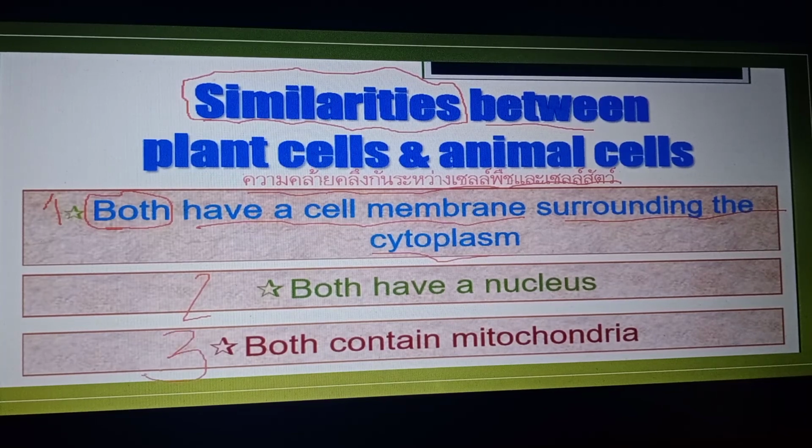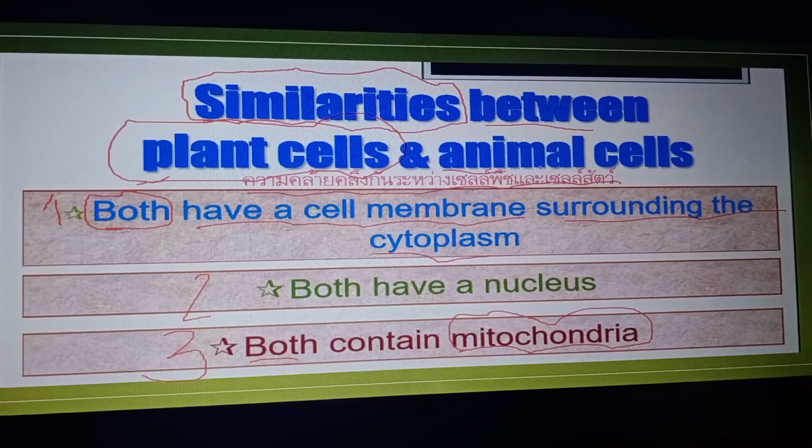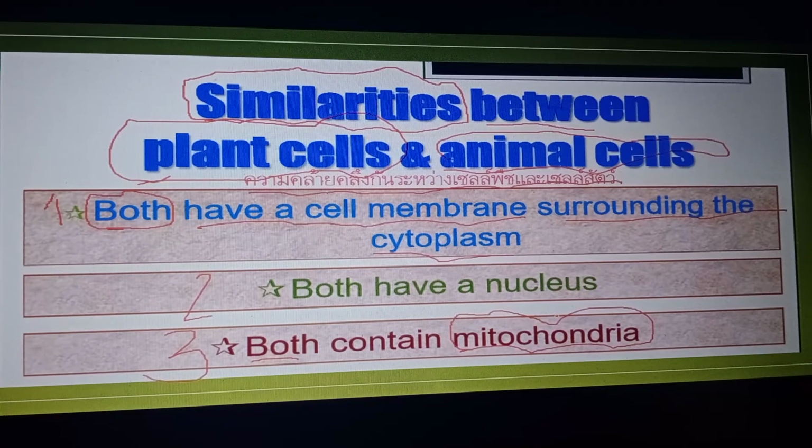Thirdly, we have both contain mitochondria. So both plant cells and animal cells have mitochondria. Okay, so these are the similarities between plant cells and animal cells.